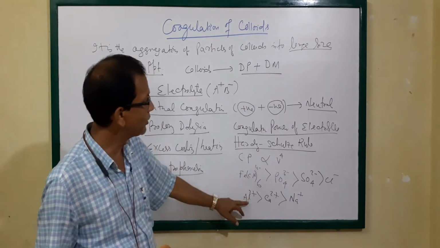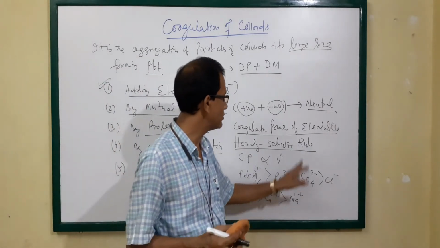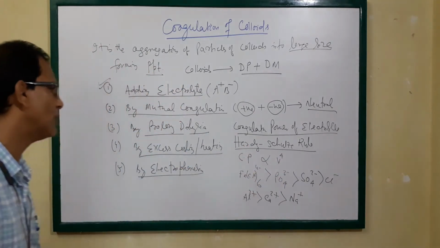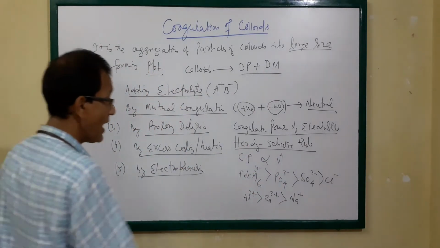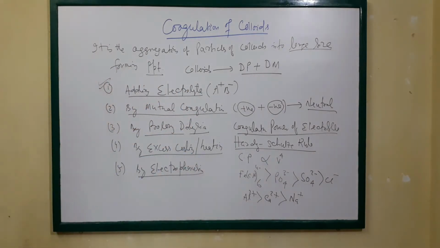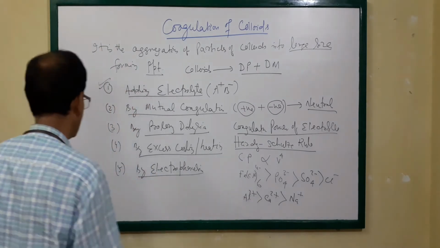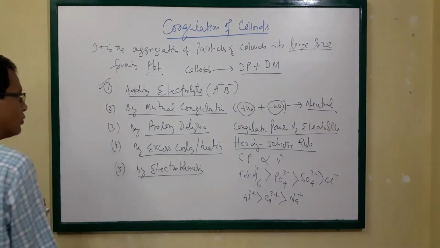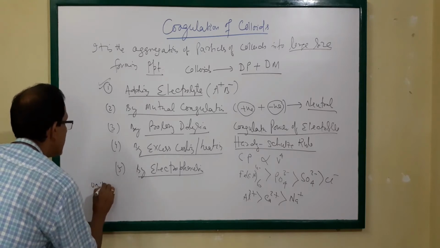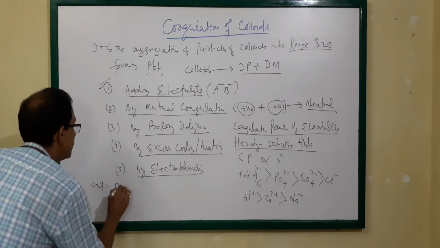So 3 plus greater than 2 plus greater than single plus. This is the comparison of coagulation power of particular ions. And this coagulation power of an electrolyte is measured by flocculation value.